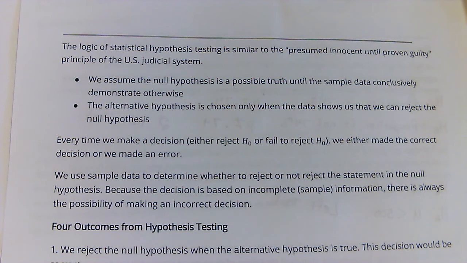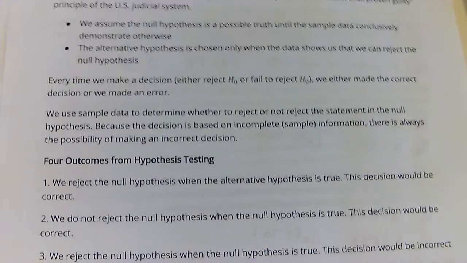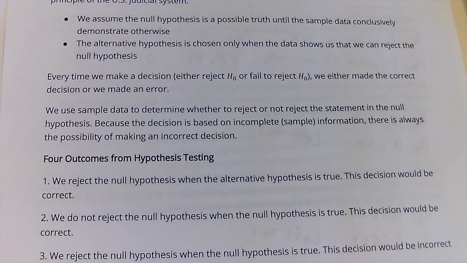Every time we make a decision, we are either rejecting the null hypothesis or we fail to reject it. Now, when we make that decision, we either make the correct decision or we made an error. We use the sample data to determine whether to reject or not reject the statement in the null hypothesis. Because the decision is based on incomplete information, we're taking it from a sample, there's always the possibility that we make an error, that we make an incorrect decision.